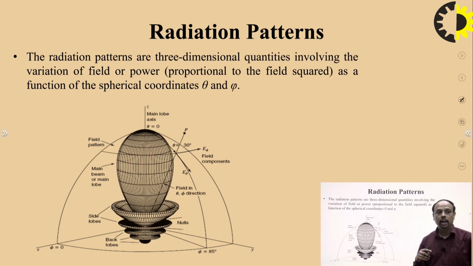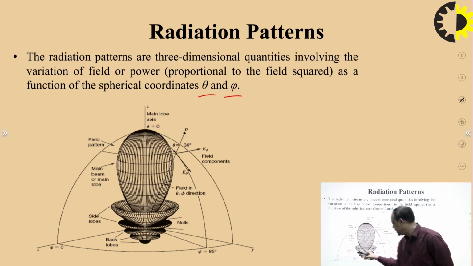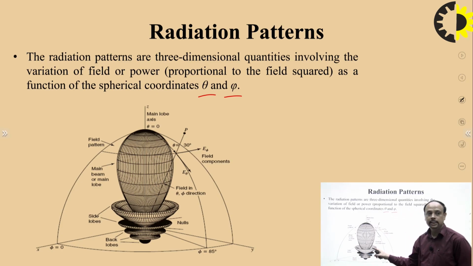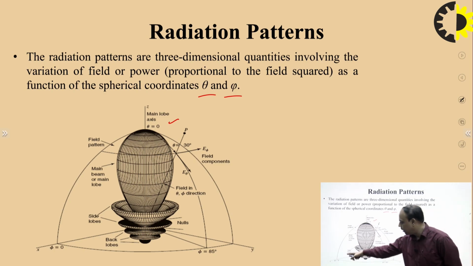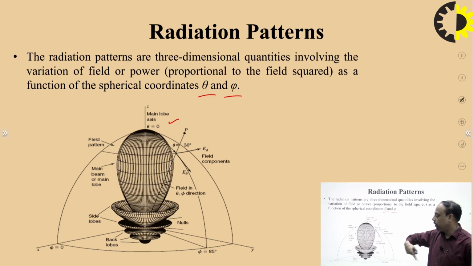Radiation pattern is the electric field pattern that is radiated by a particular antenna or a particular design of the antenna, and it is represented in the r, theta, phi spherical coordinate system, in which we can see this is the x axis, this is the y axis, and this is the z axis. This is angle theta equal to 0, and this is angle phi equal to 0, and phi moves in the xy plane like this.